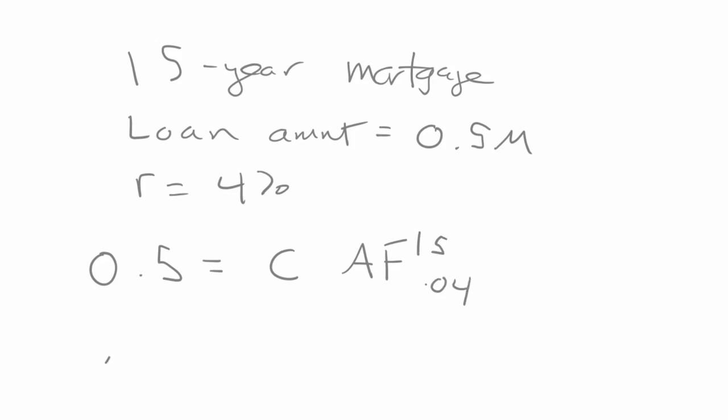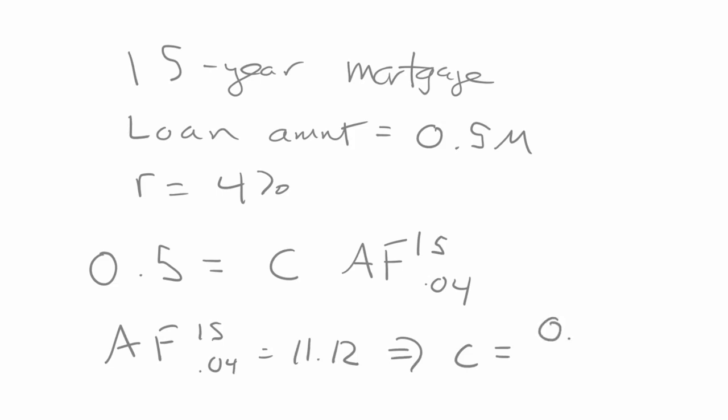Well, we can separately calculate this annuity factor. It's 11.12. So that tells us that C must be 0.5 million divided by 11.12, or $45,000 per year.